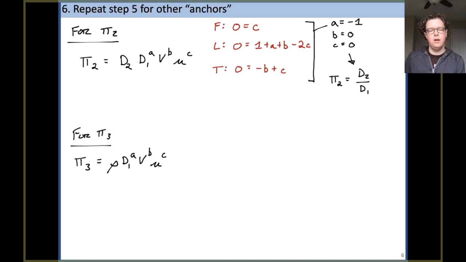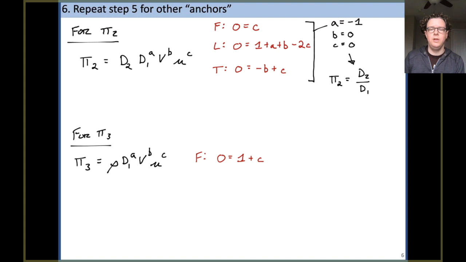You would write down that fundamental equation, so you'd have force to the 0, length to the 0, time to the 0 on the left-hand side, equals, and you'd fill in the right-hand side using the fundamental dimensions for density, diameter 1, velocity, and viscosity.